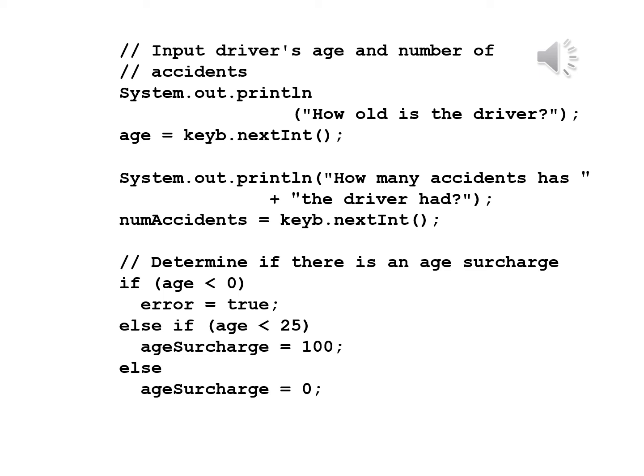System.out.println("How old is the driver?"); And then age = keyboard.nextInt(); System.out.println("How many accidents has" + " the driver had?"); It's written this way so we can split the prompt onto two separate lines.